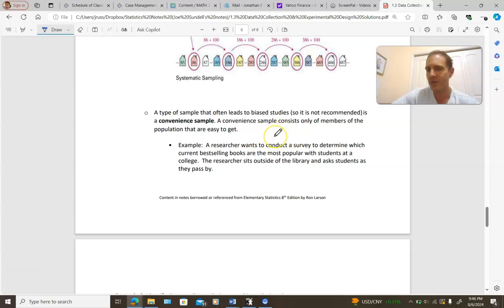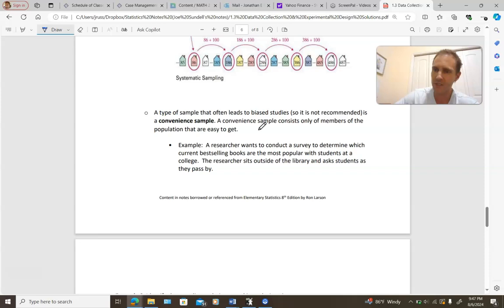A researcher wants to conduct a survey to determine which current best-selling books are the most popular with students at a certain college. So instead of using any of those other methods that we've talked about previously, the researcher just simply sits outside the library and asks students as they pass by. Okay, so it's the easiest, it's the sample that's the easiest to obtain.